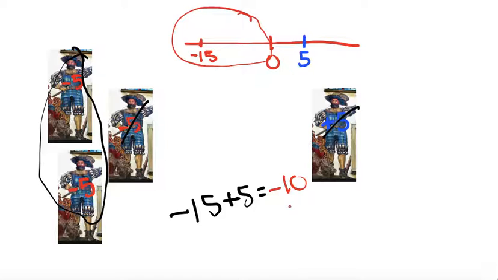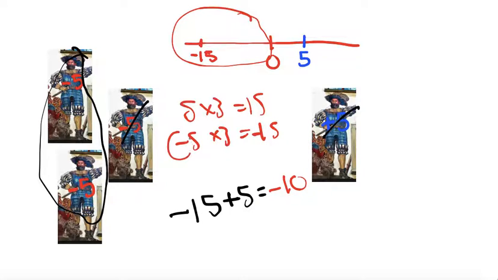Another way that I really want you to start thinking about these problems, after you get the idea of negatives and positives and how they cancel each other, is to have the same process in your head where you do 5 times 3 is 15. -5 times 3, I know it's also 15. I just want to change the sign because it's only one negative.